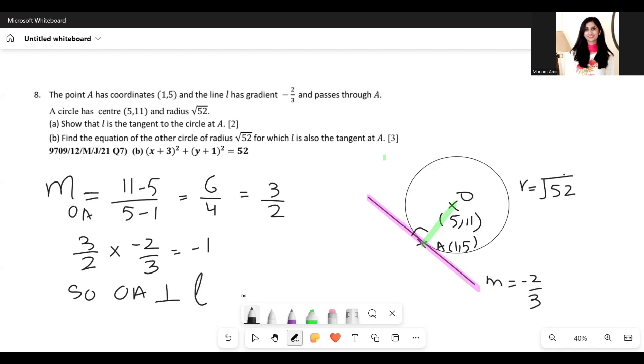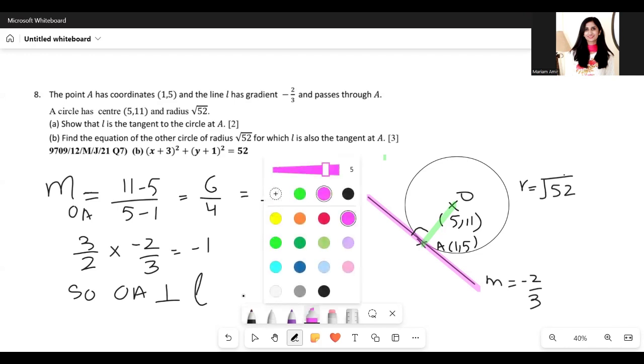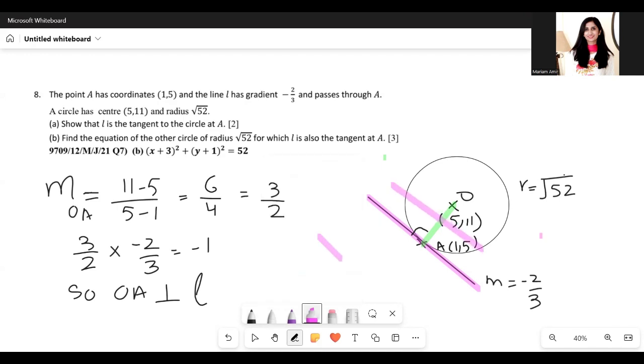Okay, but there could be other lines as well that could be perpendicular to the green line. For example, this line here is also perpendicular to the green line. And if you draw a line over here, then even this third line and the green line are perpendicular to each other if you extend it.